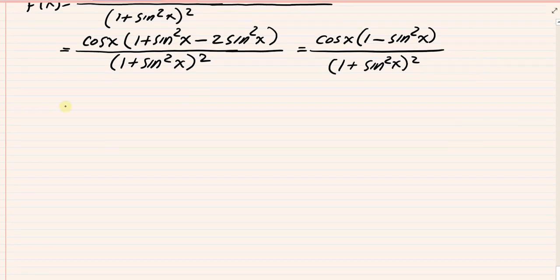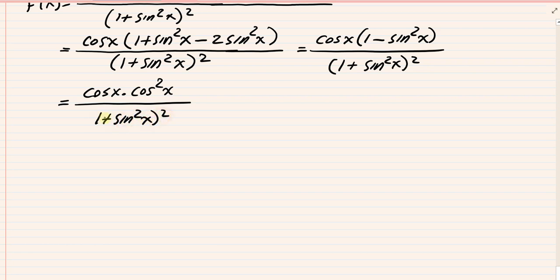Now in parentheses, 1 minus sine squared x, using the Pythagorean identity, becomes cosine squared x, divided by the denominator, 1 plus sine squared x, squared, and that's cosine cubed x divided by 1 plus sine squared x, squared. Okay, now let's see, cosine cubed, that's as simple as this can get.